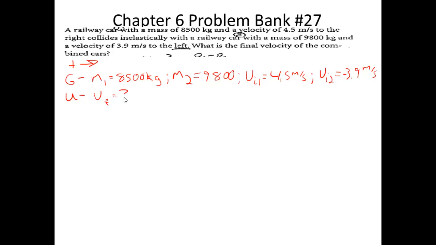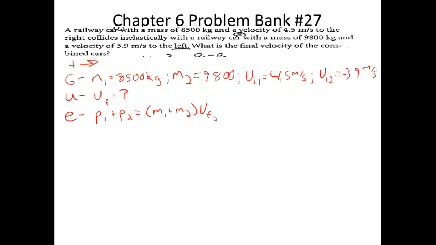Our equation will be the same one that we've used, because we again are looking for a combined velocity. Momentum of the first object plus momentum of the second object is equal to the combined masses times their final velocity.